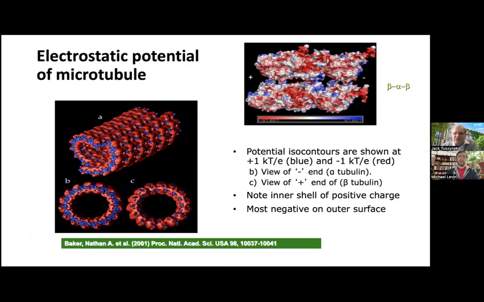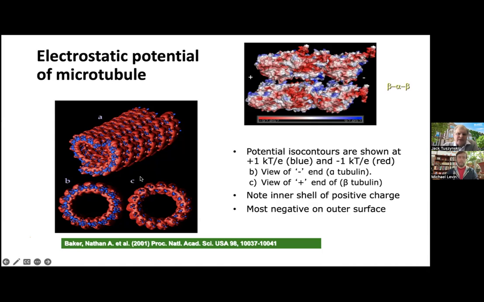So every atom was represented, and each tubulin dimer has about 10,000 atoms. So the microtubule will have millions of atoms, and each one will contribute its electrostatic properties. You can see here, red is negative charge, blue is positive, and you can see how symmetrically, beautifully represented it is.